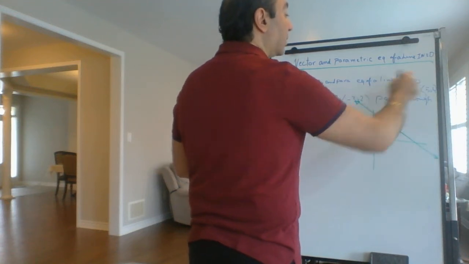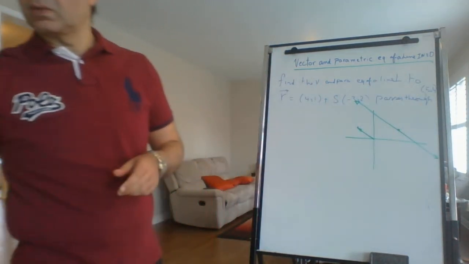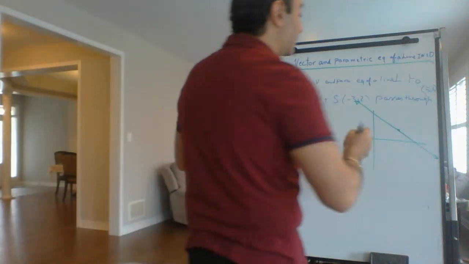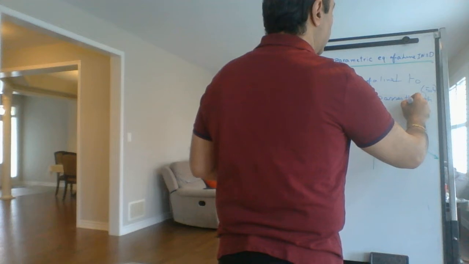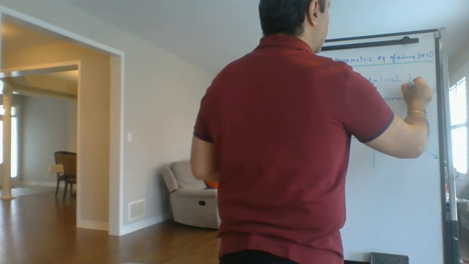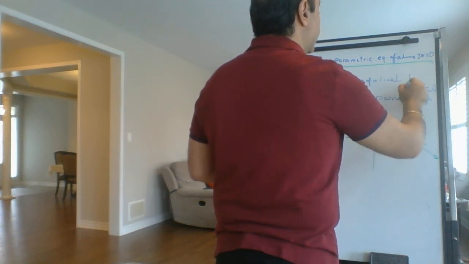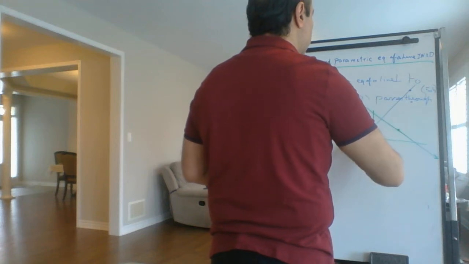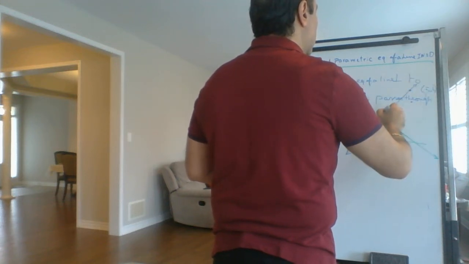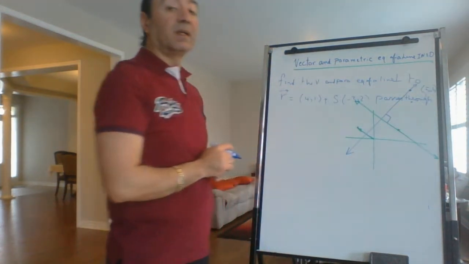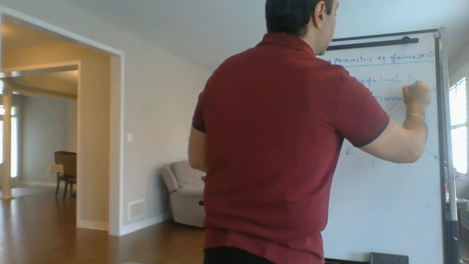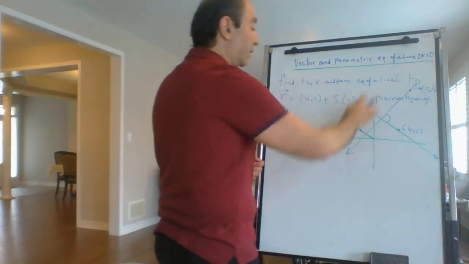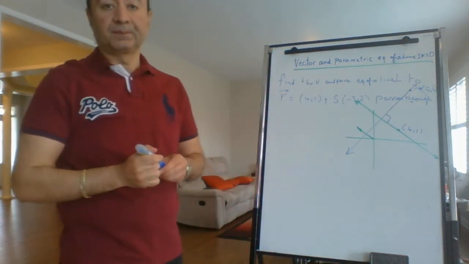We need to find the equation of a line that passes through the point (5, 6) and is perpendicular to the green line. This is (4, 1), and this is (5, 6). We need to find the equation of that blue line.